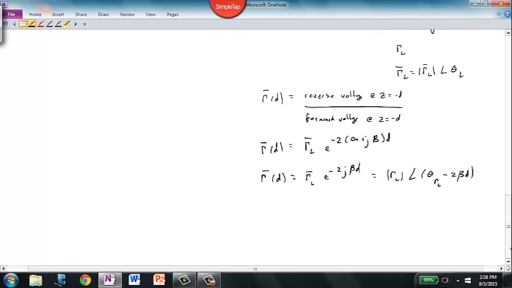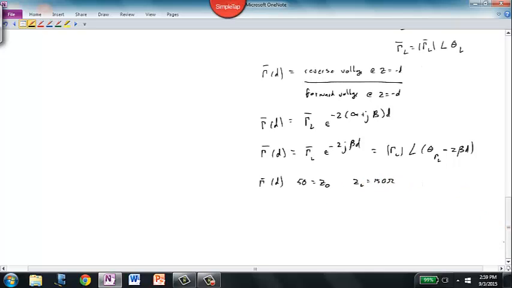So to show what that actually looks like, I want to calculate the reflection coefficient at different distances along a T-line for a 50 ohm T-line connected to 150 ohms. We want to do it at the load, so 0 meters, at z equals lambda over 4 distance away from the load, and at lambda over 2 distance from the load.